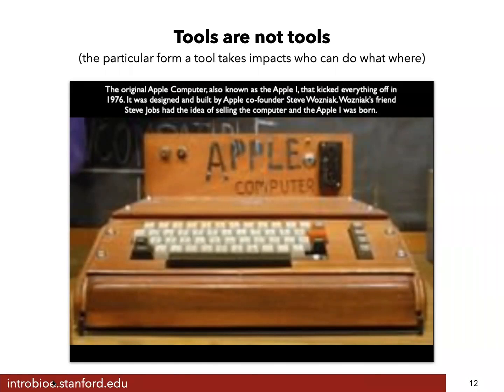What's interesting here is that the personal computer as a revolution is not a revolution in the physics of transistors, right? It's a revolution because of the word personal. It changed who could compute where for what purpose. Tools are not tools. A computer is not a computer. A microscope is not a microscope. A DNA sequencer is not a DNA sequencer, and so on. It depends on who can do it where for what purpose.